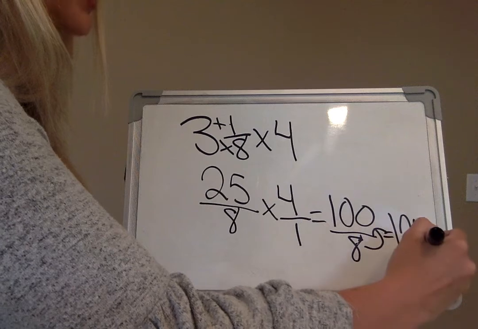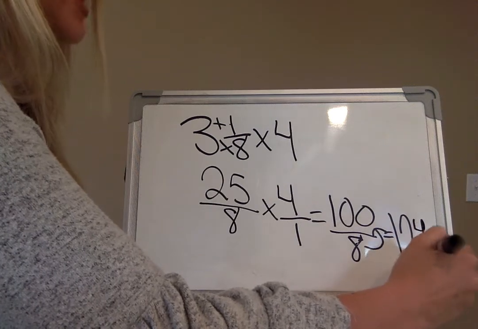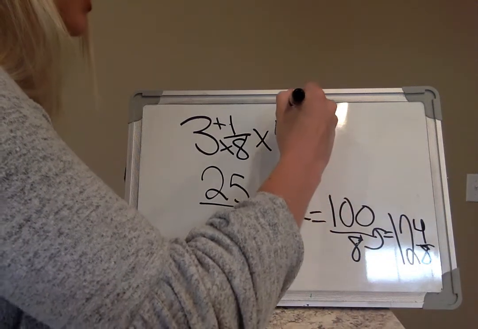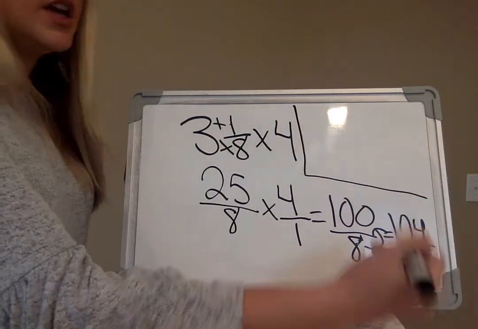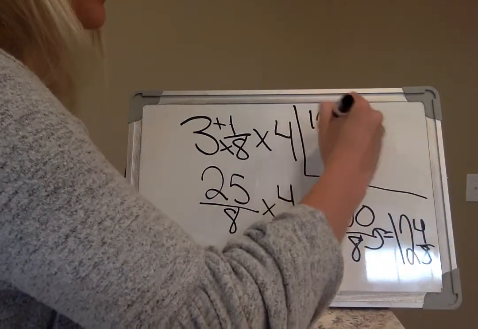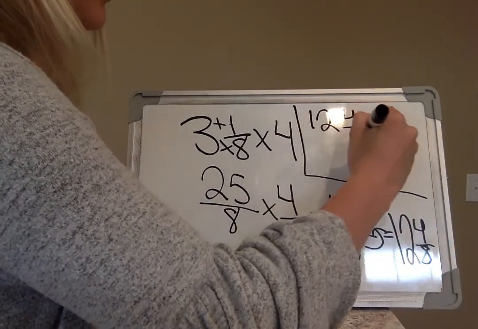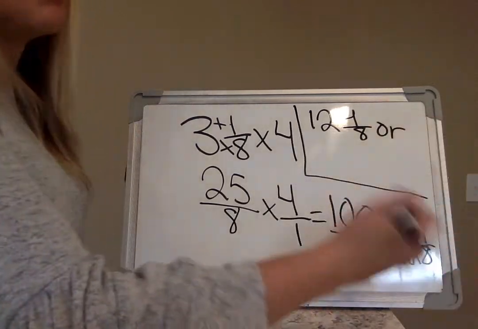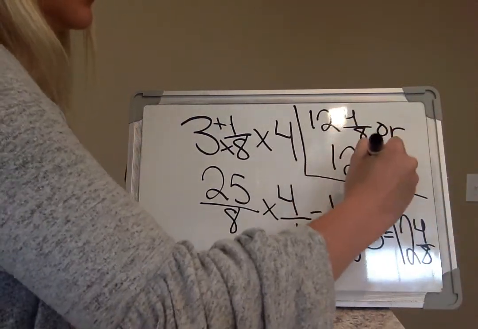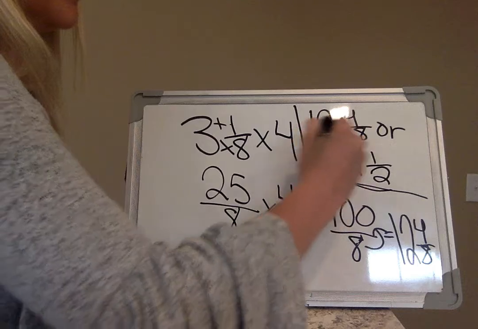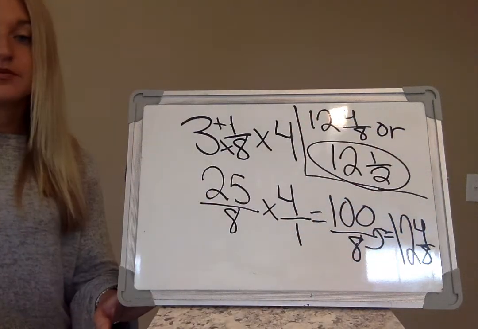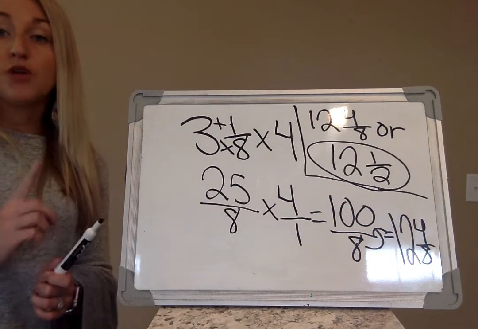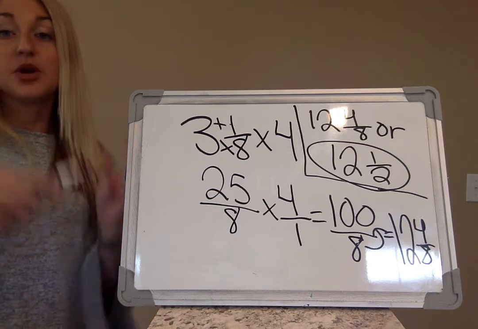And then you always keep your bottom number 8 the same. So, your answer is equal to 12 and 4/8, or you could simplify that to be 12 and a half.